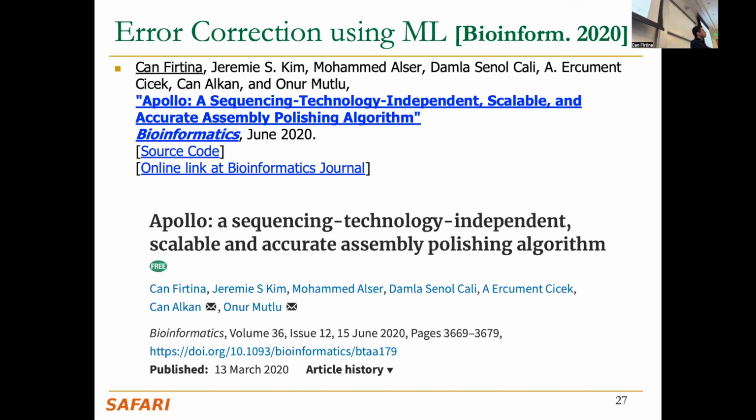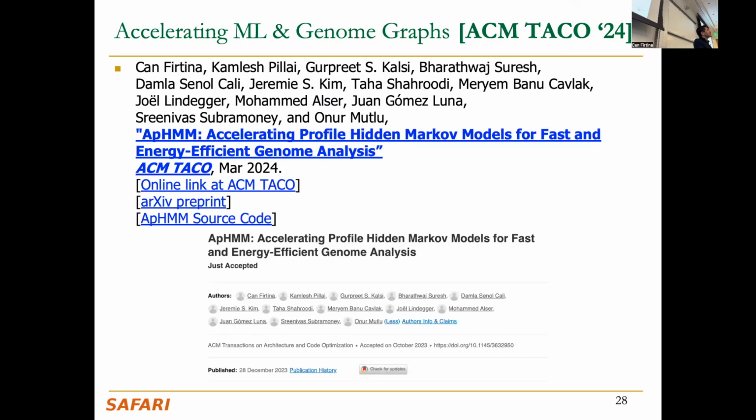And we also use ML, for example, for error correction purposes. This was published a few years ago in Bioinformatics for correcting the errors in assembly. And then we also use ML and genome graphs for executing certain tasks using profile hidden Markov models, specifically for error correction purposes, but also for multiple sequence alignment and so on.